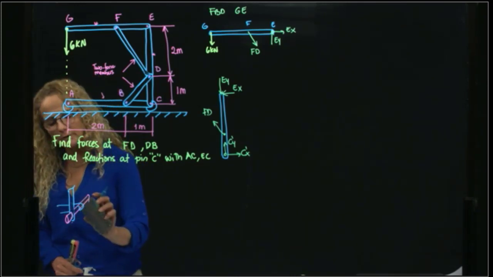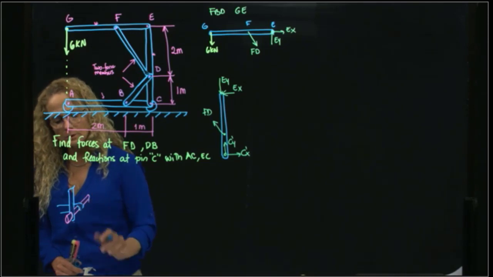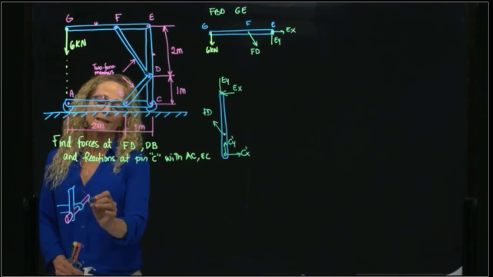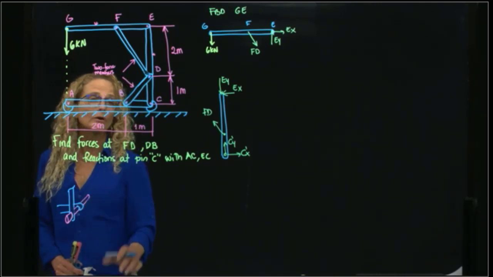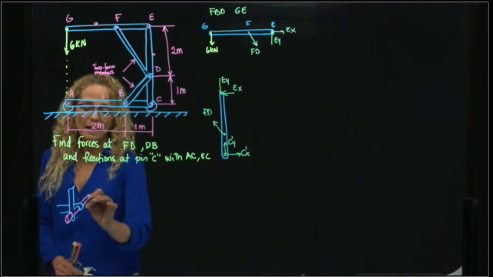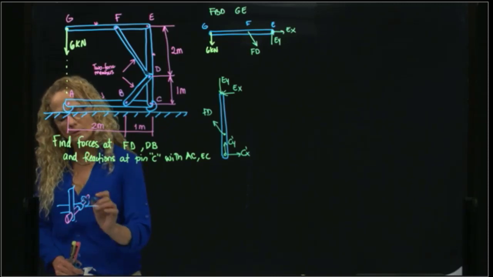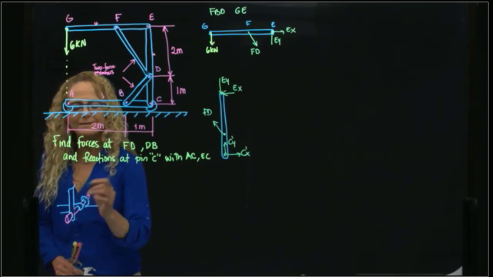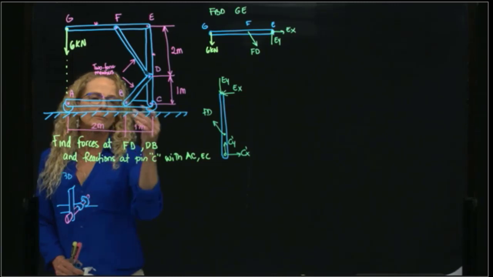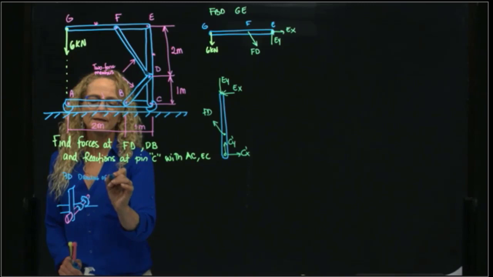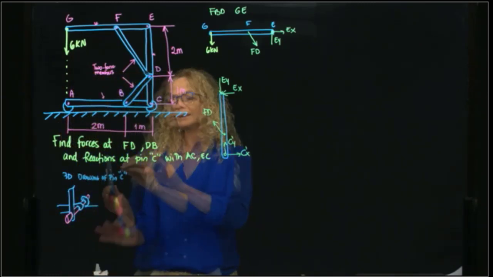So the internal reactions may actually be different. And in this case, I have a third element, which is that wheel that is with the floor. So this is a 3D drawing of pin C. Of course, I always draw the pin in 2D, right?